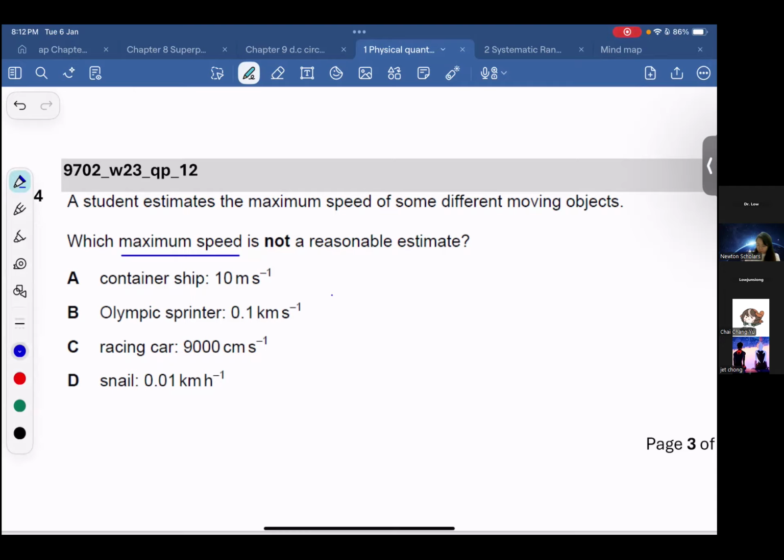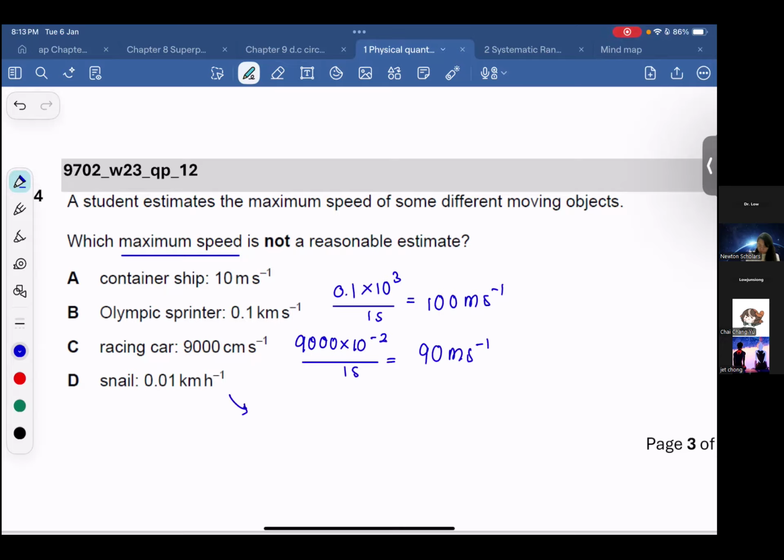Olympic sprinter, we know what? We convert it: 0.1 k times 10 to the power of 3 divided by 1 second. So here we get 100 meters per second. For the racing car, it is 9,000 times 10 to the power of negative 2 per 1 second. So at the end I get 90 meters per second.